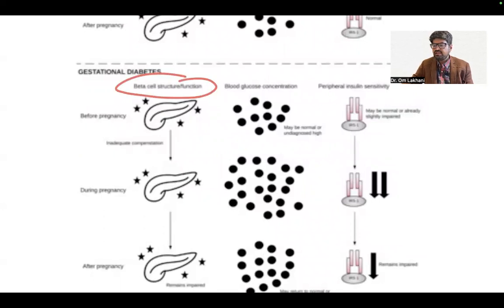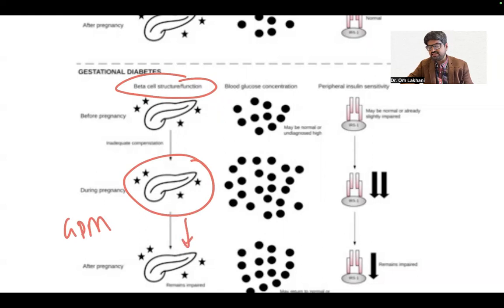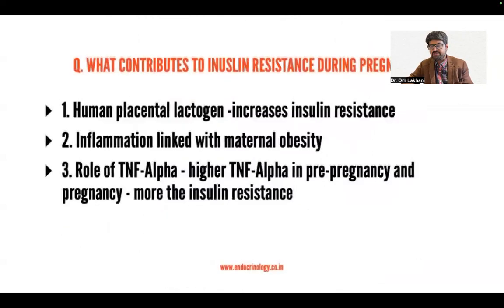And during pregnancy, there is increased insulin resistance, but the beta cell is not able to match up with the increased insulin resistance, leading to gestational diabetes mellitus. This problem often normalizes again after delivery because the insulin resistance immediately after delivery comes down. So this is the process of development of gestational diabetes.